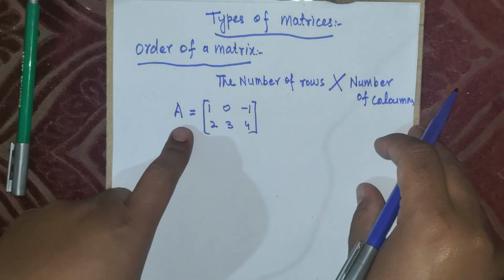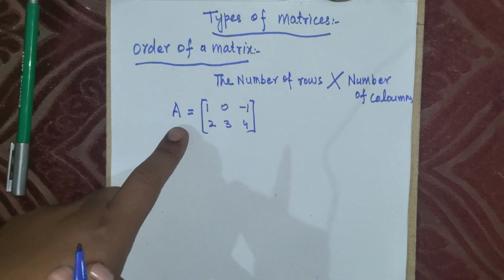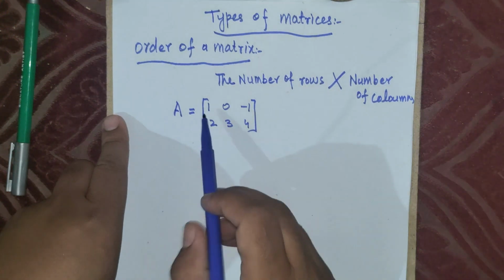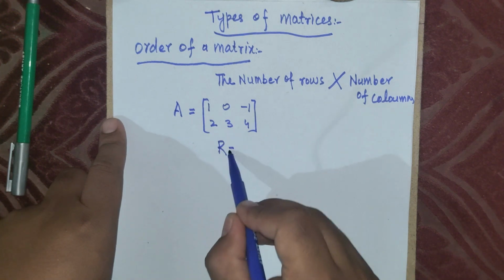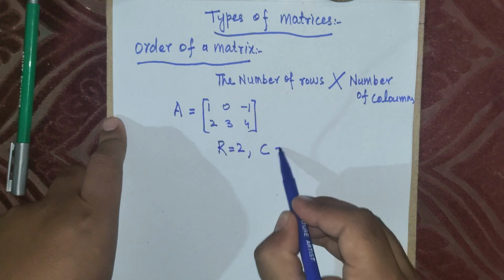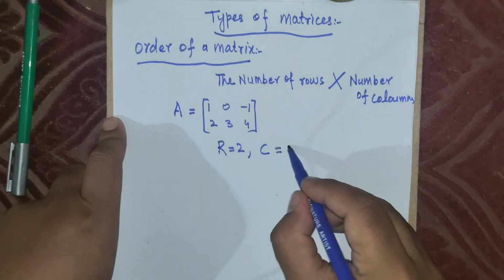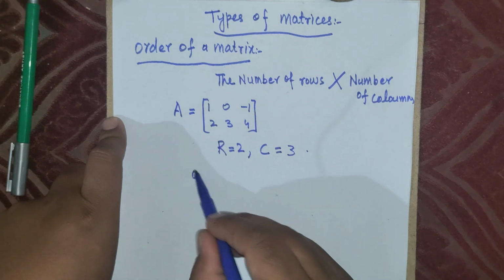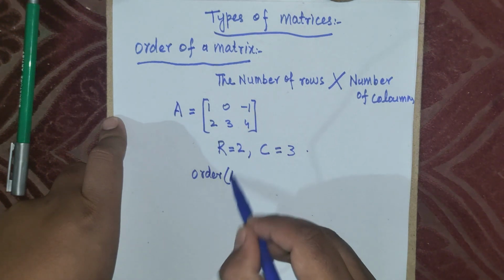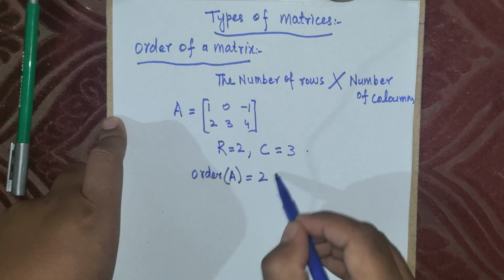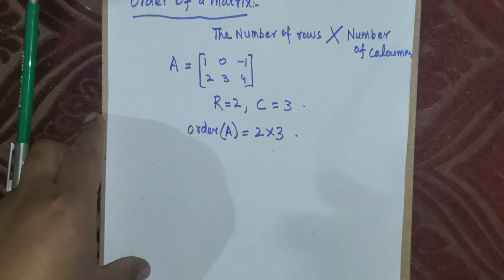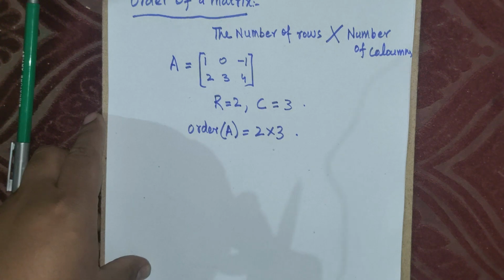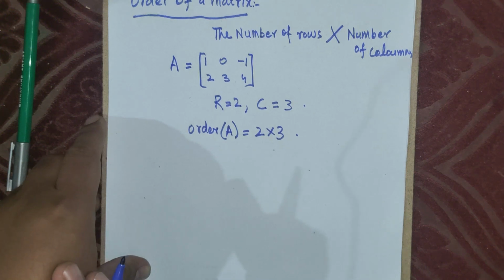If we want to calculate the order of this matrix, it will be equal to the number of rows by the number of columns. The number of rows in this matrix is 2, while columns are 3. So the order of A will be equal to 2 by 3. The order of any matrix can be easily calculated as the number of rows by the number of columns.